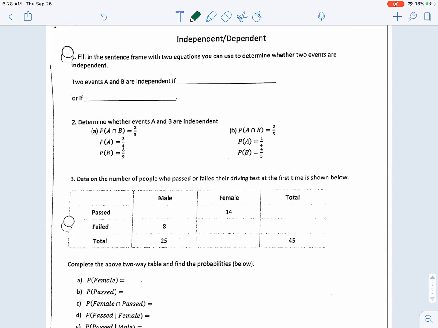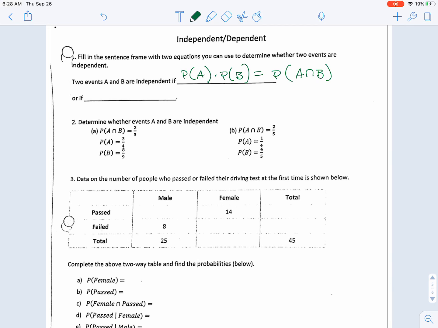Fill in the sentence frame with two equations you can use to determine whether two events are independent. Two events A and B are independent if the probability of A times the probability of B is equal to the probability of A and B. That's the one that I've been using in the video.